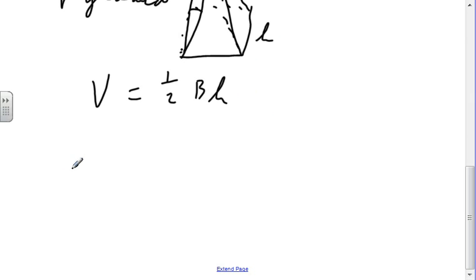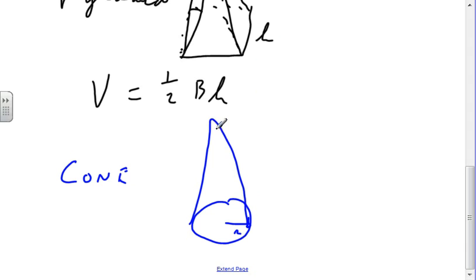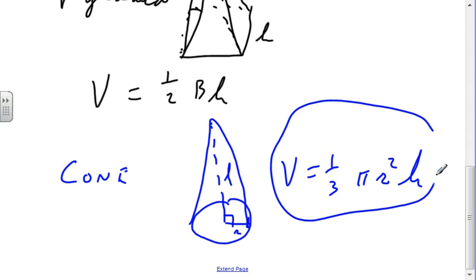Thank you. Okay, then we have a cone. A cone has some circle associated with it, radius R, and then it has some height H. So volume is going to be 1/3 pi r squared H. And in chapter 25, we actually show that that's the case.